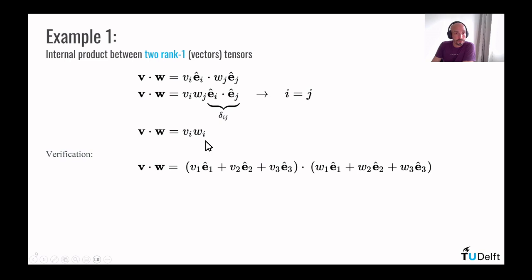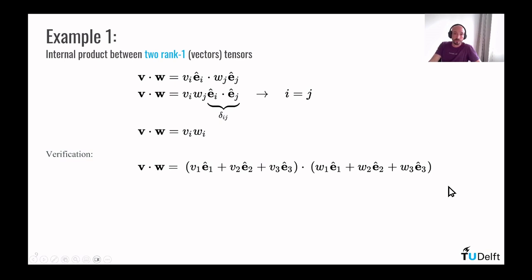How can we verify this? We can perform the dot product the way we are used to. Actually, maybe not everyone, but everyone starts to learn like this. We can write vector v like this, using this representation, and vector w using this representation, and we perform the dot product between these two vectors.